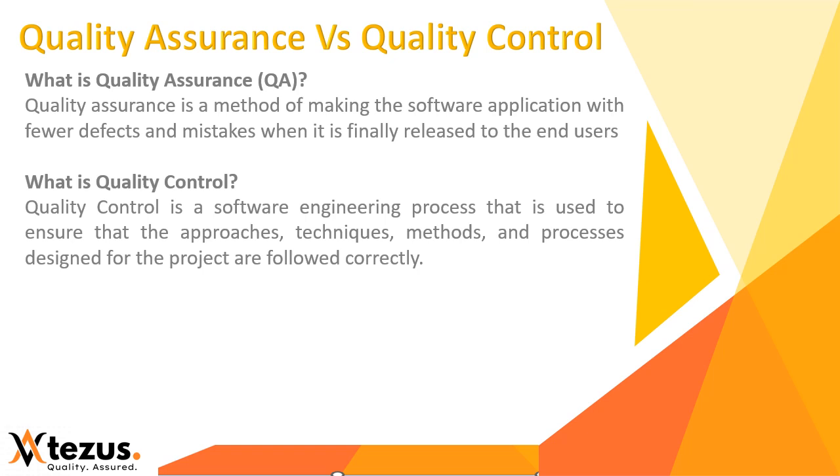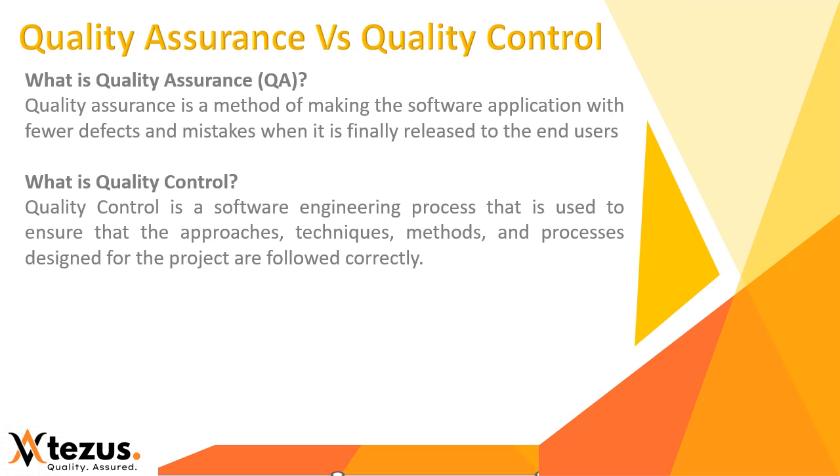It's more related to the management part: how to manage the testing projects or how to manage the quality within the organization. What are the steps to take to improve the quality of the development, testing, or design phase? These are part of quality assurance.